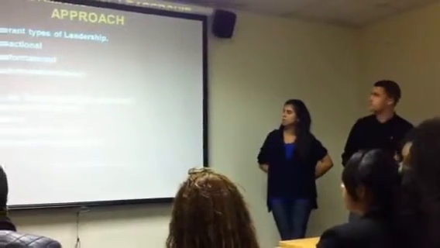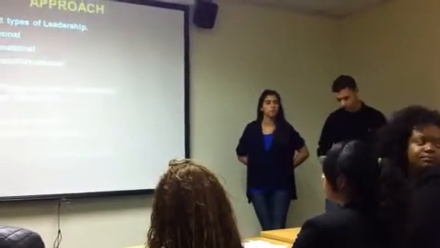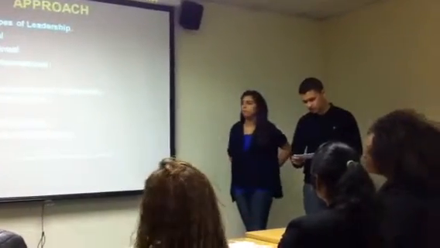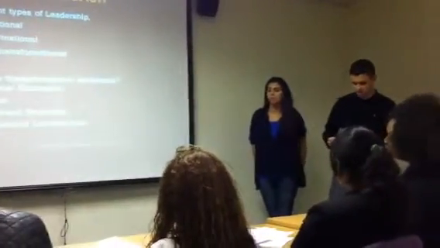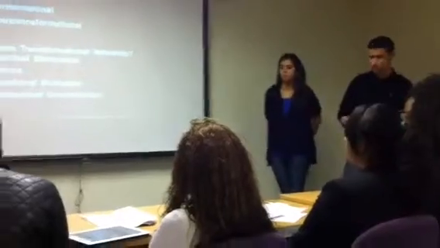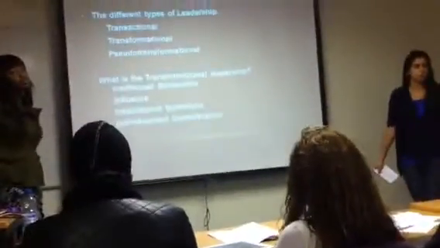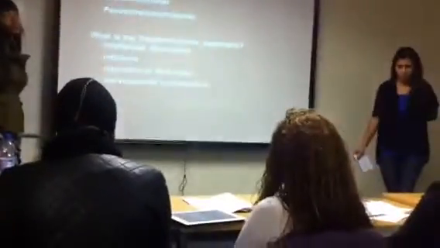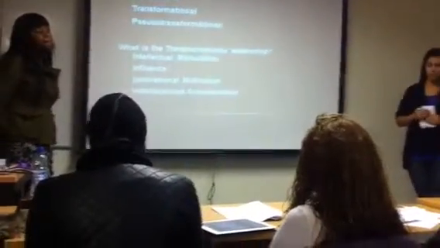It's easiest to explain by breaking it down into four main components. The first of these components is intellectual stimulation, and this involves the leader encouraging creativity and recommending that followers explore new ways of carrying out tasks and learning new skills. The second component, individualised consideration, requires the leader to offer support and motivation to followers in order to foster supportive relationships.